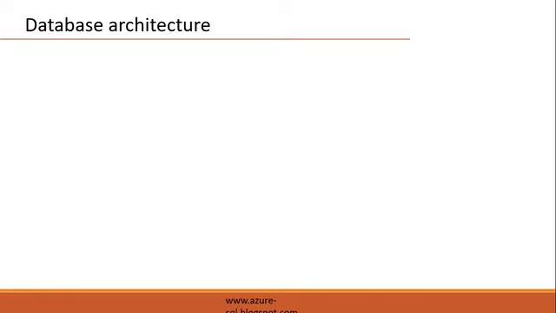Third point: we can't detach system databases, and we can't take system databases offline. Fourth point: we can't configure log shipping, mirroring, Always On, or replication on system databases, because these features are only for user databases, not for system databases.